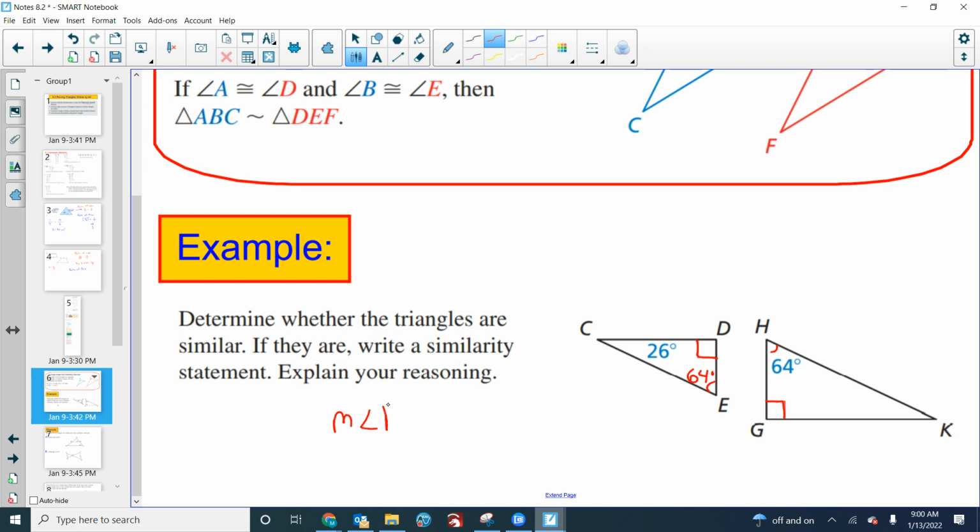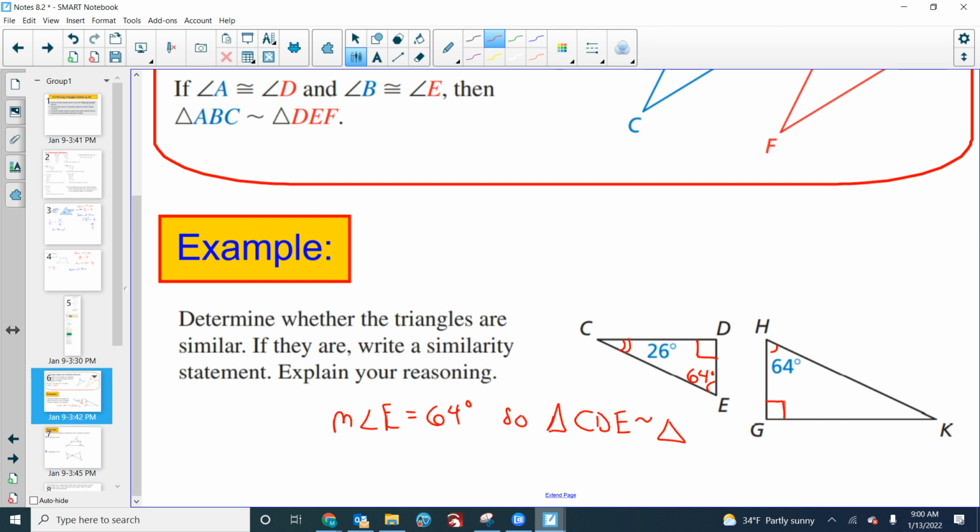Measured angle E is 64 degrees. So triangle CDE is similar to triangle. Now let's practice getting our order correct. Now match them up correctly. If I started with letter C, that's the 26-degree angle.